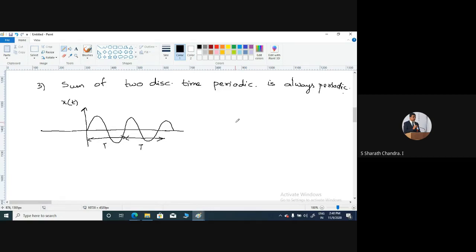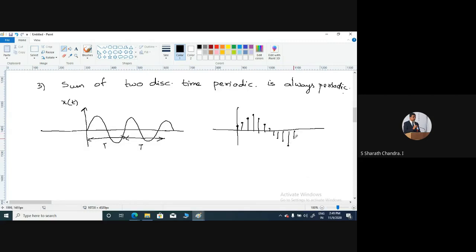Similarly, if you consider a discrete time periodic sequence, let us consider a particular signal something like this. Please try to consider this. There are some values which go out of bound of this axis, but they are considered to be 0 there.